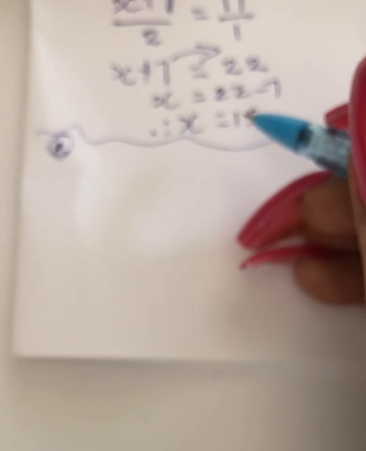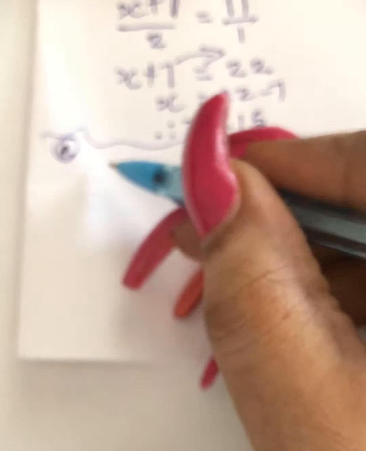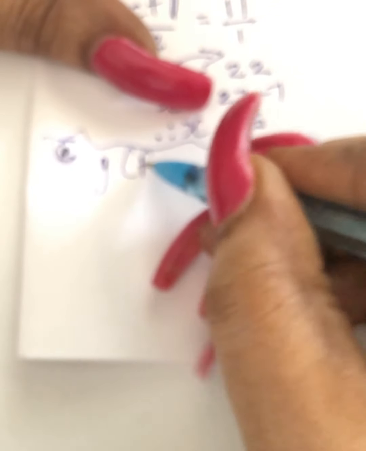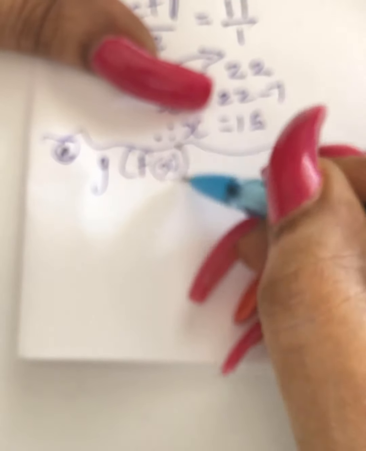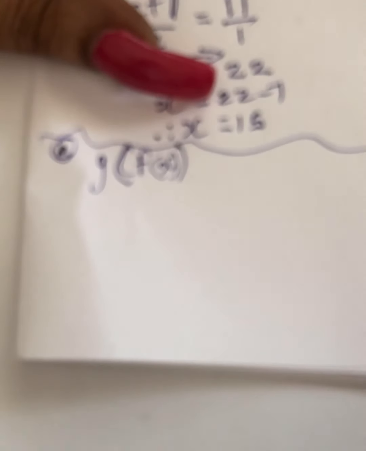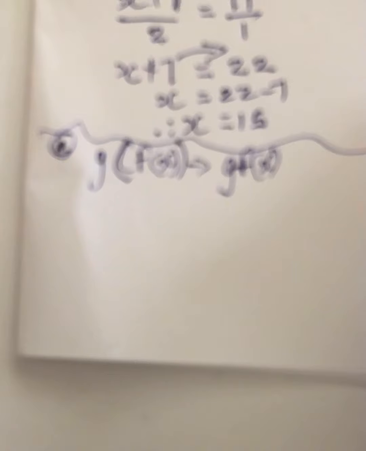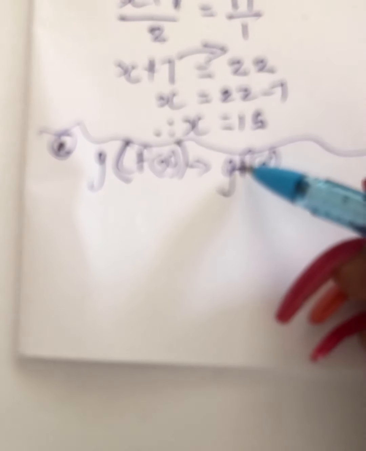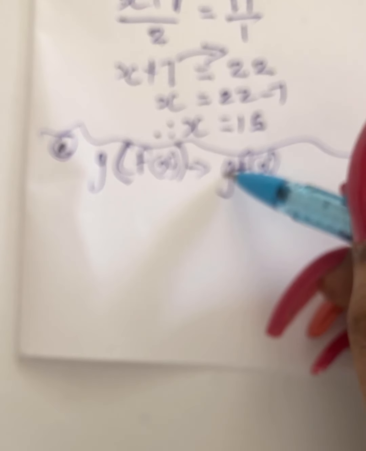We want to write a simplified expression for g f of x. Good. Do not allow these many parentheses to confuse you. What I wrote here is the same as g of f of x. No difference. It's the same. So the right goes into the left.